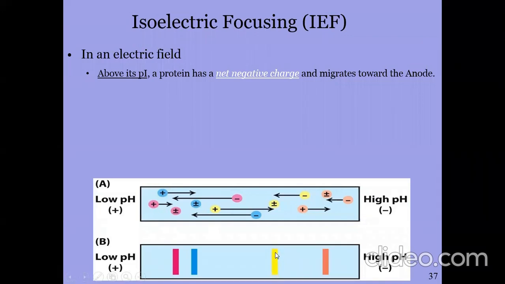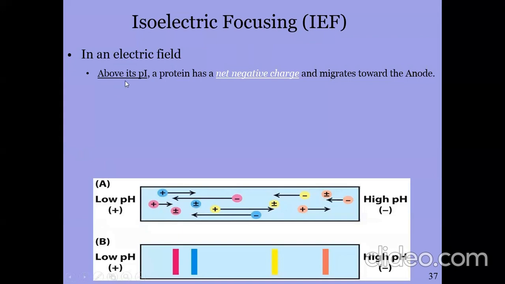There will be no net charge on them, so these species will stop here. Similarly, these species will stop here, and these will stop here. So at different positions, different molecules will stop because of their isoelectric point. Based on their isoelectric point, they will cease their movement within the pH gradient.